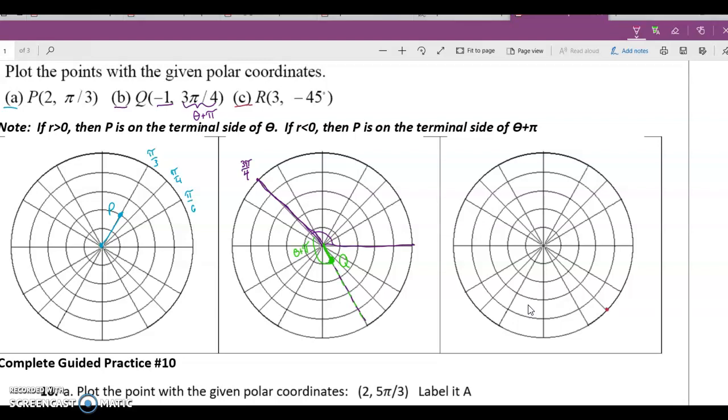So 1, 2, 3. So this right here is your point R. So the negative angle, negative theta, means you're going to be going clockwise from x-axis.